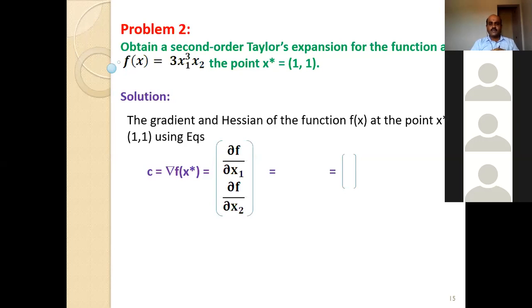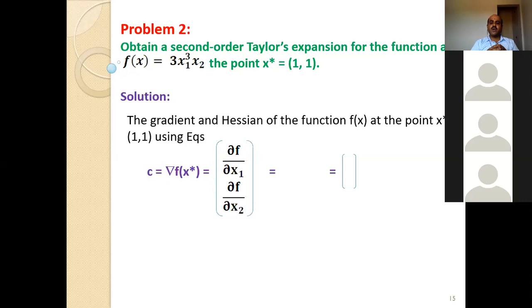Now this is a second order Taylor's expansion function you are supposed to use. Why second order here is, when you look at the function f of x, it is a function of the two variables x1 and x2. Hence it is a second order Taylor's expansion for the function. Okay.